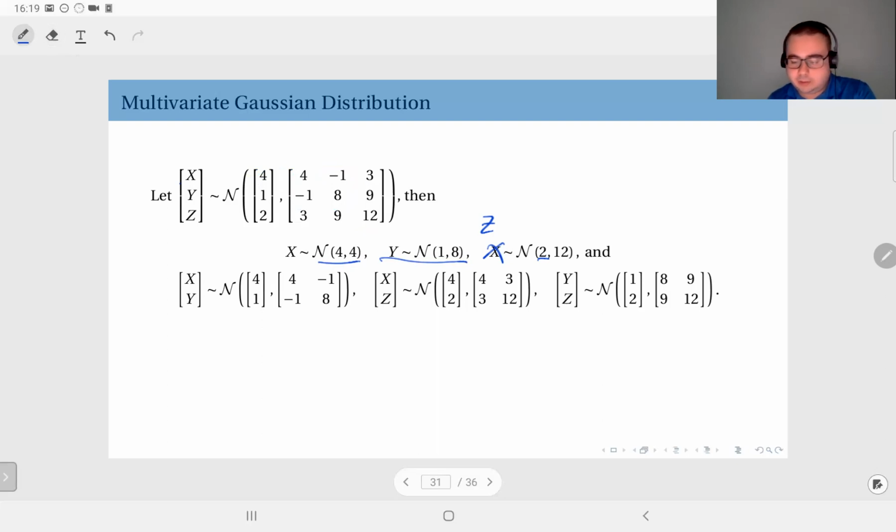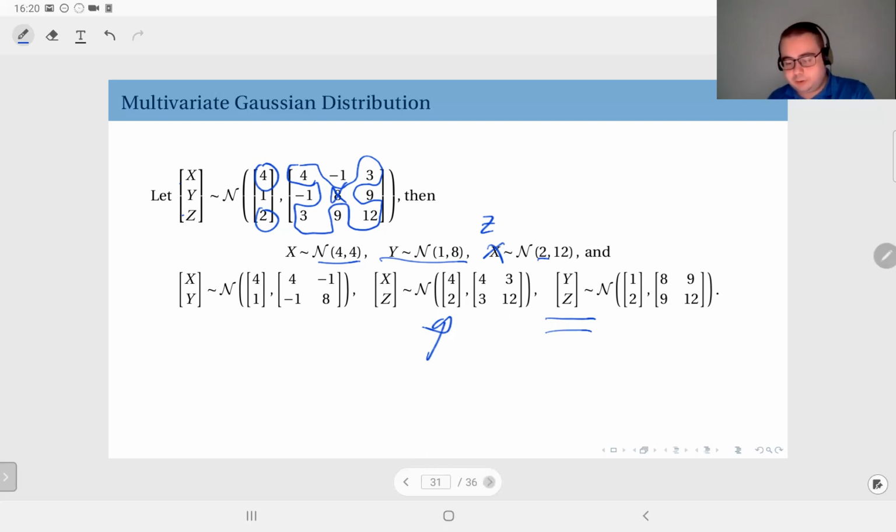Finally, if you look at Y and Z, sorry, I already did Y and Z. These two will constitute the mean vector. And this will be your covariance matrix. So this is how you can also find the distribution of subsets of multivariate Gaussians.